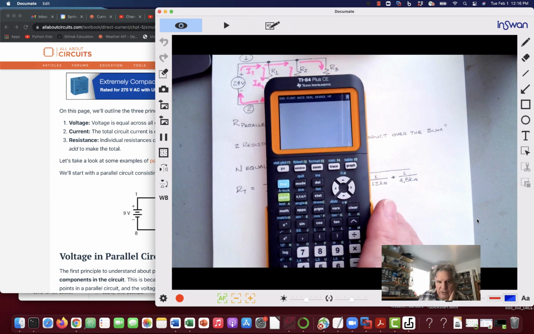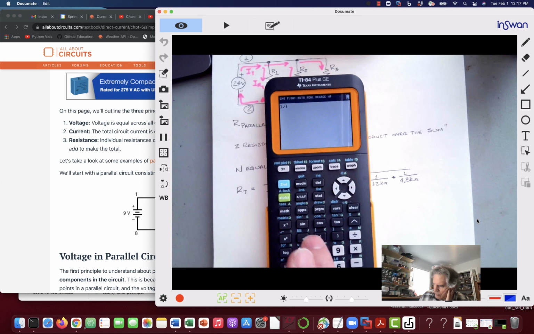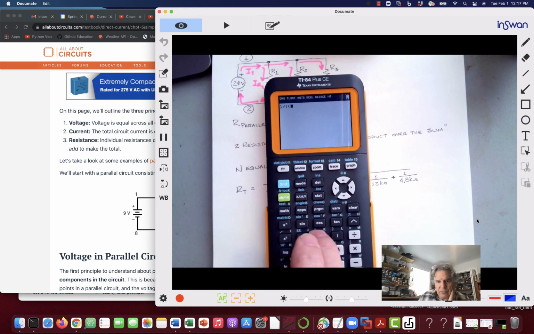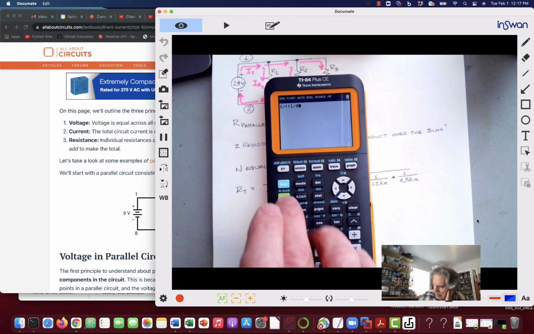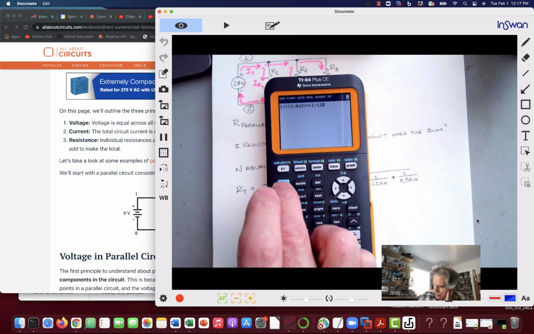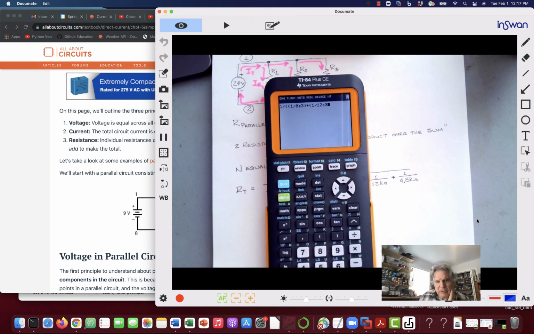and this time I forgot to do the 1 overs. So for each 1 over, I have to have a parenthesis. So it's 1 divided by 8 EE3, plus 1 divided by 12 times 10 to the third.